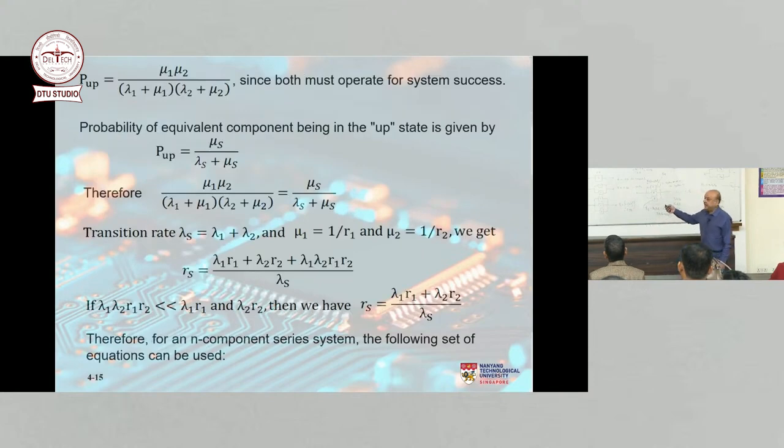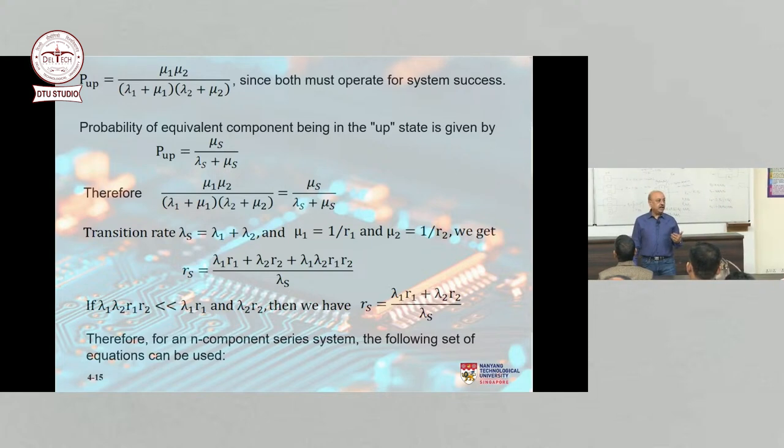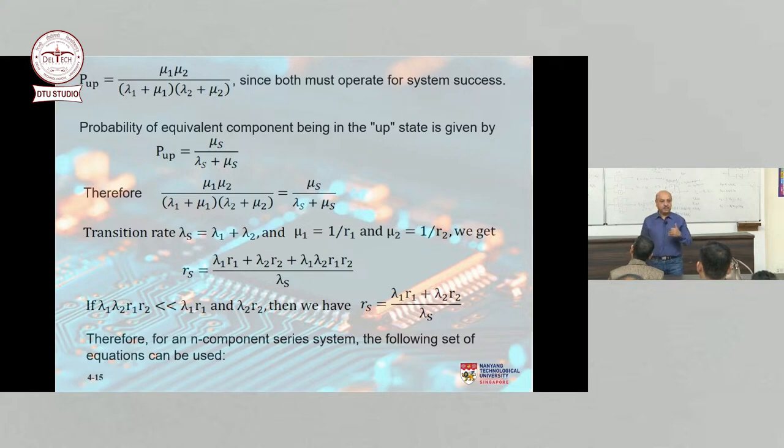So the probability of being in the up state, now you can see, is mu over lambda plus mu, right? We spoke about the availability of the component and the unavailability of the component yesterday. Availability is mu divided by lambda plus mu. Unavailability is lambda over lambda plus mu.